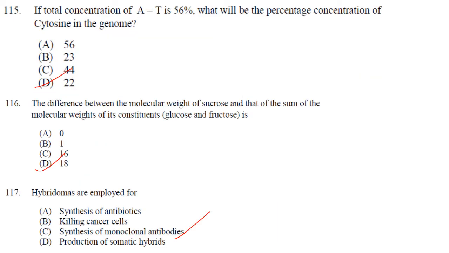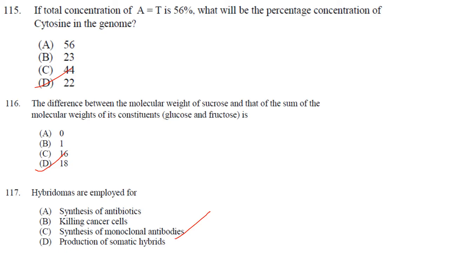The next one. If the total concentration of A plus T is 56%, so A and T both are occurring at 56%. What will be the percentage concentration of cytosine in the genome? So A plus T is equal to 56%. Now what will be the percentage of A? 56 divided by 2, so 28% will be A, 28% will be T. Now how much will be G plus C?